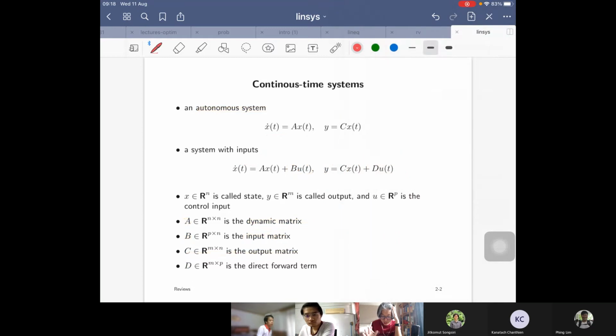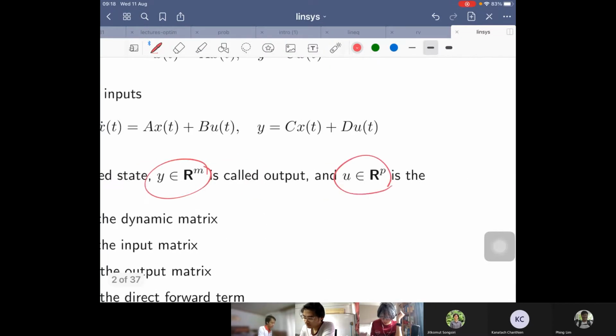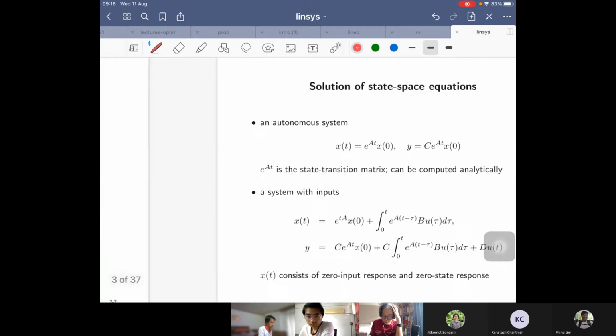Everything is a vector. We have a usual notation that n defines the number of state variables, and that defines the order of the system. You could have multiple outputs, y is a vector in R^m. You can have multiple inputs, u is a vector in R^p.